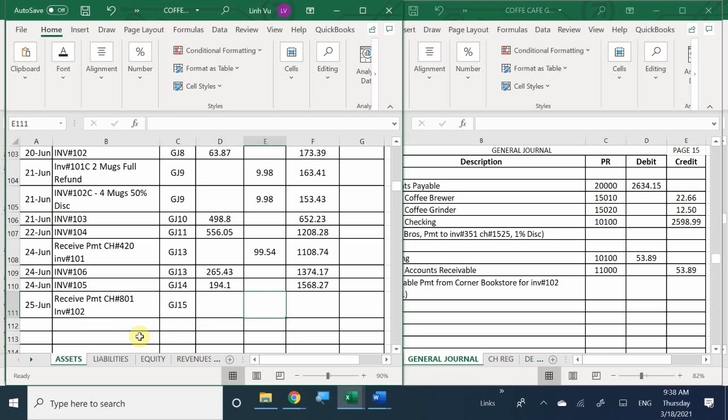We're reducing our accounts payable by 5389. So what is my new total account receivable balance? 1540. Good. All right.